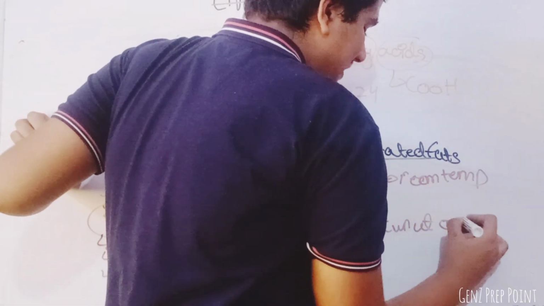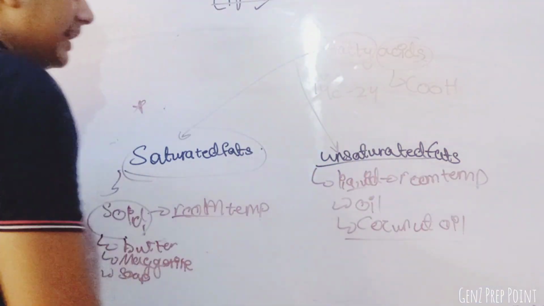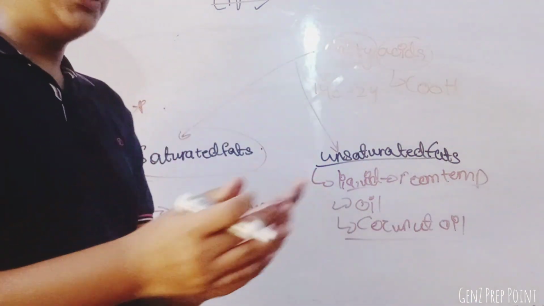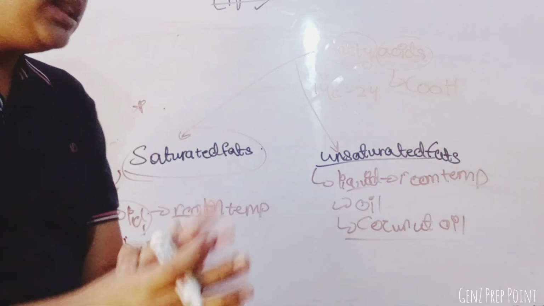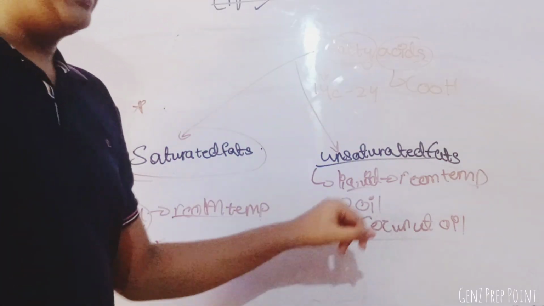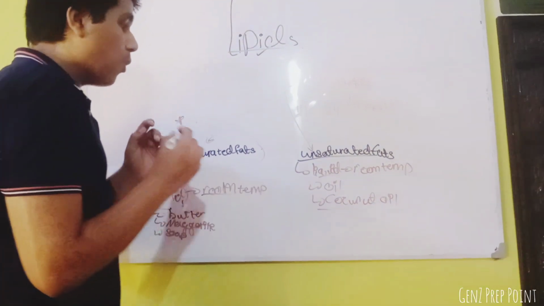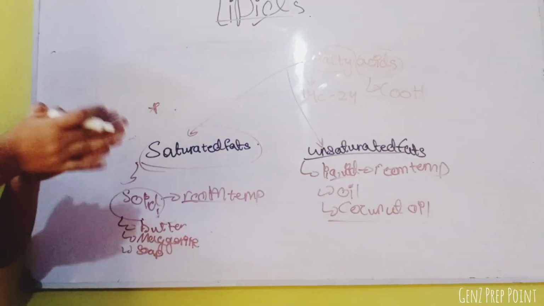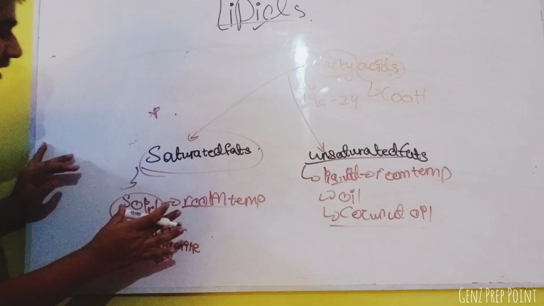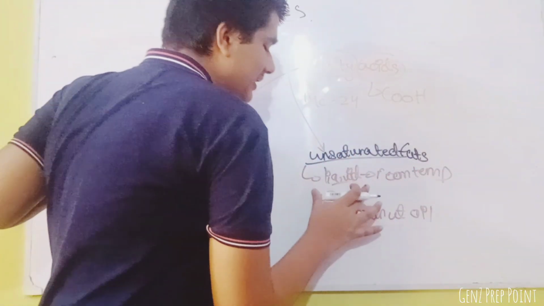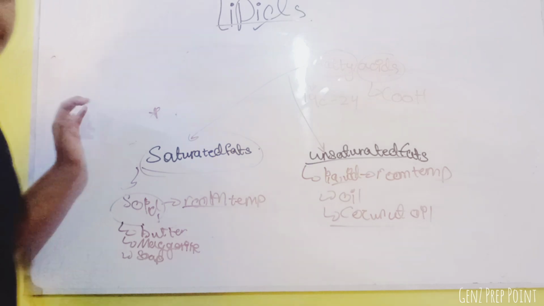Any oil that you use to cook your meal that stays liquid at room temperature is known as unsaturated fats. Why is it called saturated, unsaturated? Saturated fats stay solid at room temperature. Unsaturated fats stay liquid at room temperature.